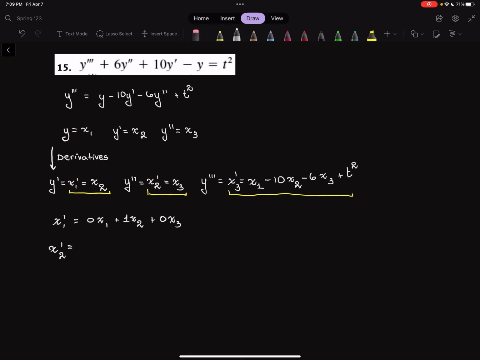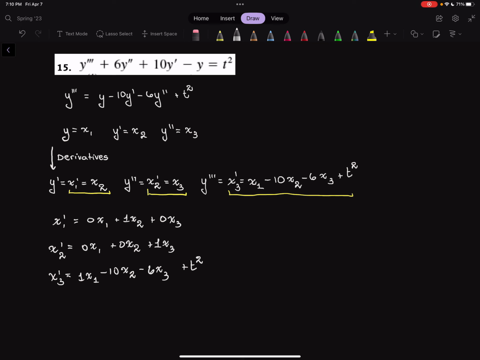Well, that's 0x sub 1 plus 0x sub 2 plus 1x sub 3. And finally, we have the last one here. x sub 3 prime is equal to 1x sub 1 minus 10x sub 2 minus 6x sub 3, and we also have the t squared.